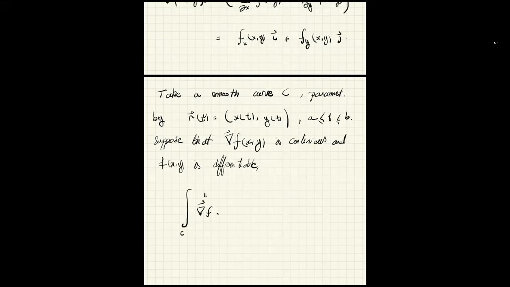Remember, this is our vector field now. It's a very specific vector field, one that comes from a scalar function.